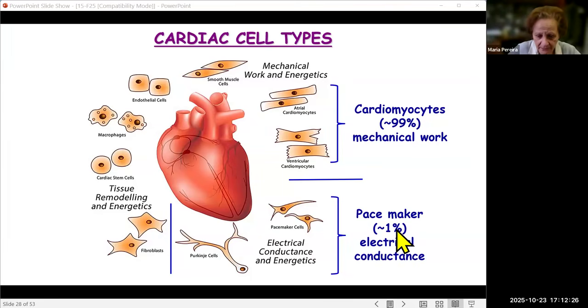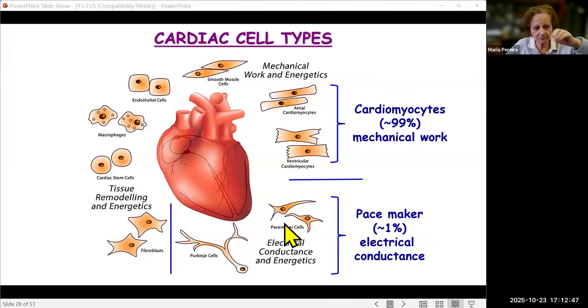The 1% of the cells can generate an electrical signal spontaneously. So they are modified cardiomyocytes. They're known as the pacemakers. You see here these cells. If you would put these cells in culture, they would start pumping.